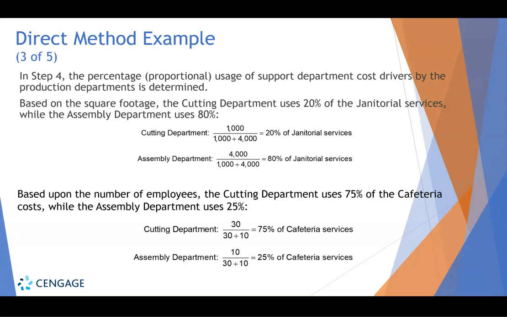The denominators in the computations here are 5,000, 1,000 square feet for the cutting, 4,000 square feet for the assembly, for janitorial costs, and 30 employees in one department, 10 in the other department for cafeteria costs, which are the total of the cost driver usages for the production departments.